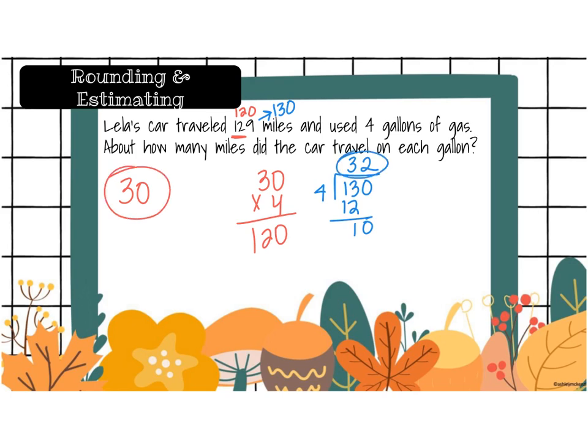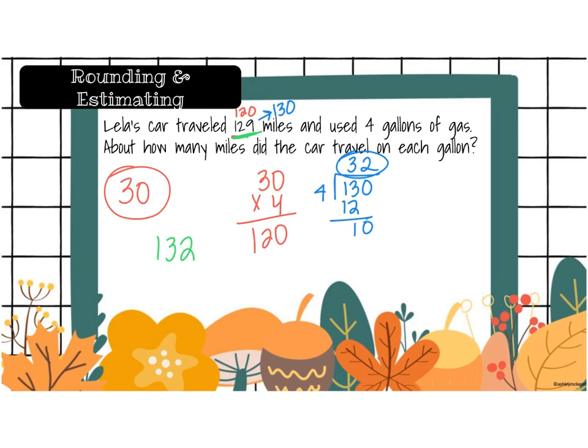So I've got about 32 and about 30. Did anybody round this number up to 132? Colton? I rounded it up to 132, and then I took away the hundreds.